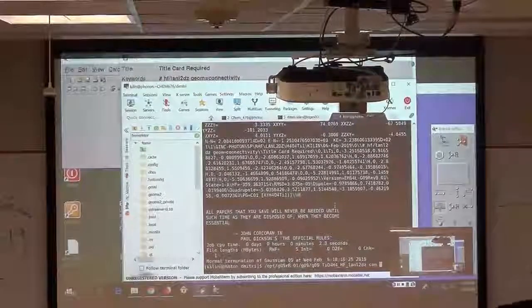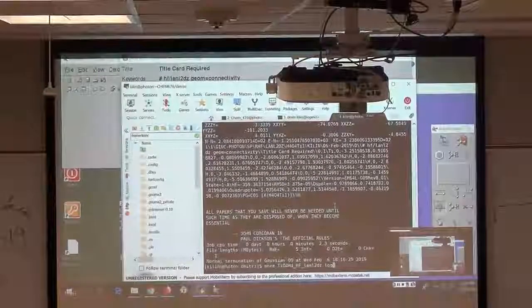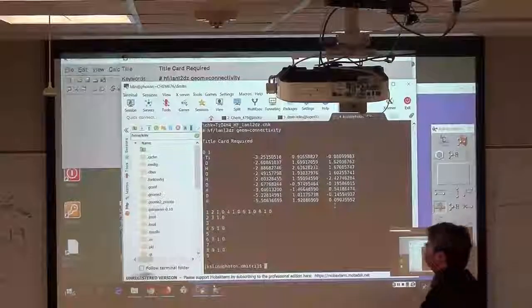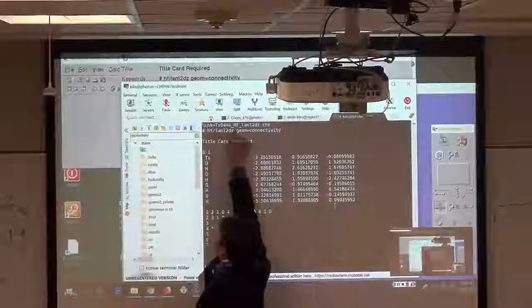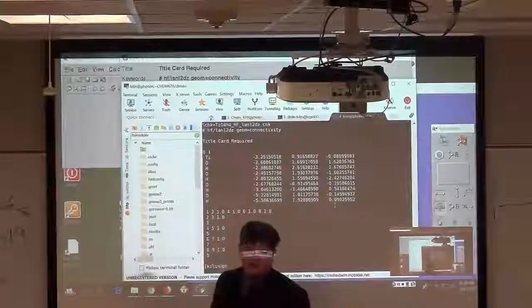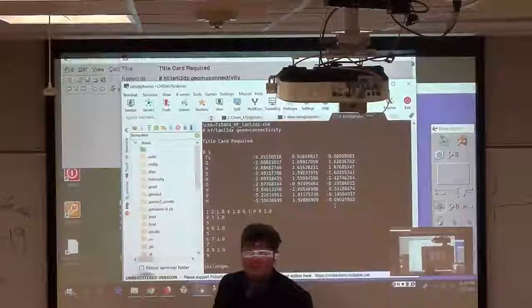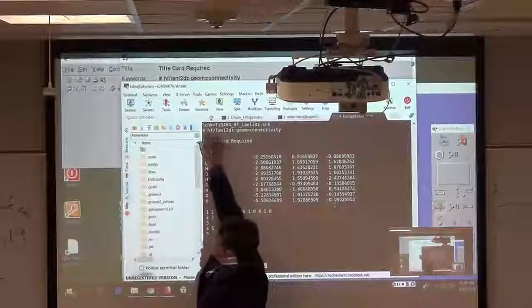So when we look into this .com file, once again, if it doesn't show anything here, it means just to find energy. But if it is something more advanced, to optimize or find normal modes or orbitals, there will be additional keywords here.